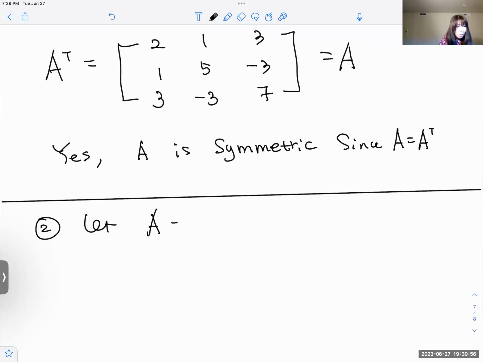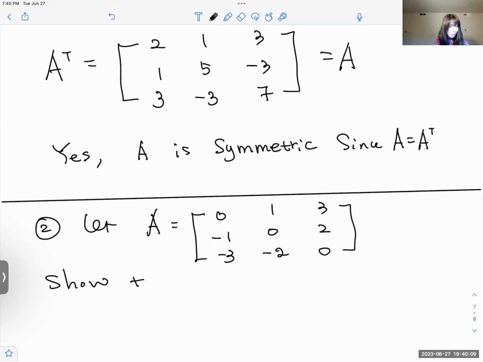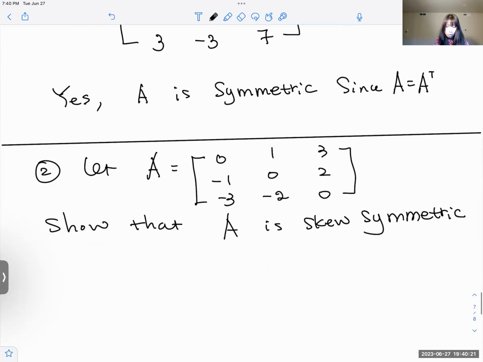Let A equal 0, negative 1, negative 3, and 1, 0, negative 2, 3, 2, 0. And show that A is skew symmetric. So we are showing that it equals the transpose with a negative sign, right?